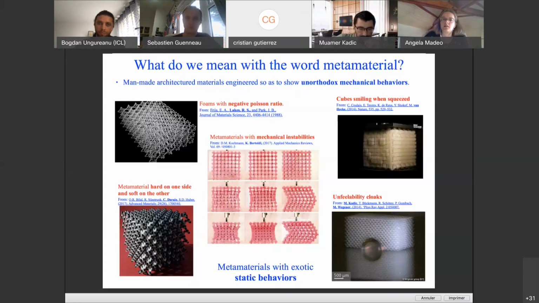So in the static regime we have also specialists among the organizers on how to construct, to build unfeelability cloaks and so on and so forth, or different deformation patterns which are triggered by different levels of the applied load.